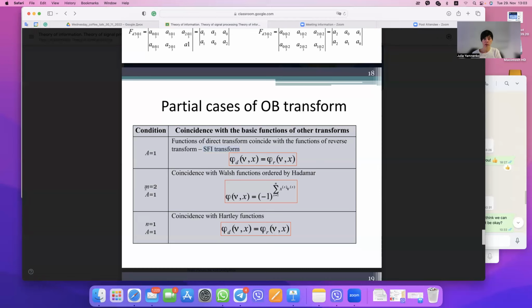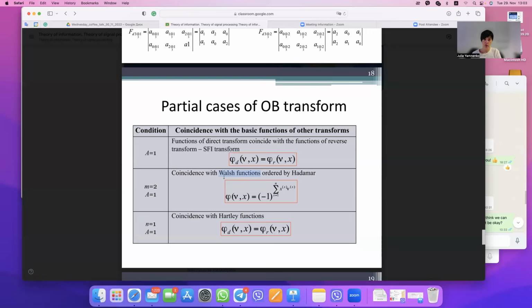Then another partial case: if we take m equal to 2, so we will not use a ternary counting system, but a binary counting system, and still A equal to 1, we will just obtain the Walsh function that you already know. There is a practical task number 3 that I hope you already finished.